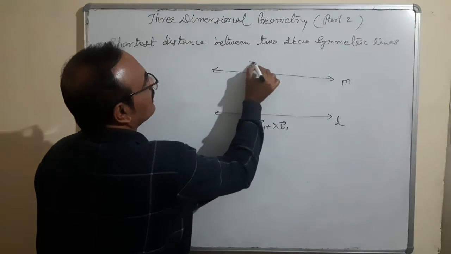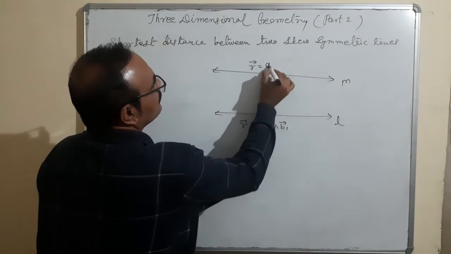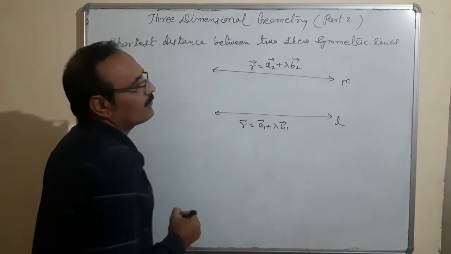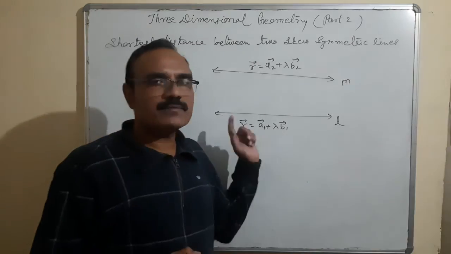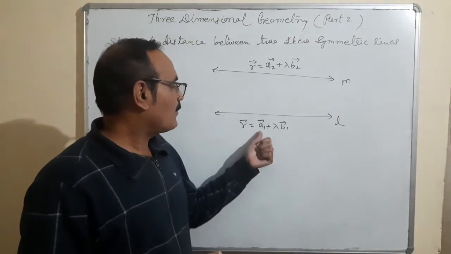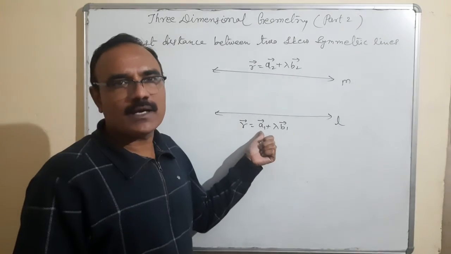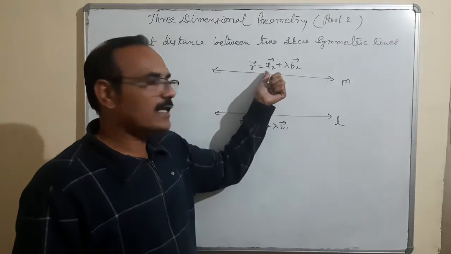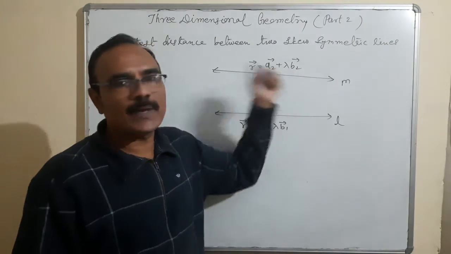This is vector R is equal to A2 plus lambda B2. What is the meaning of this line? The meaning is, this is the line passing through point A1 or through the vector A1 and parallel to vector B1. This is the line passing through A2 and parallel to vector B2.